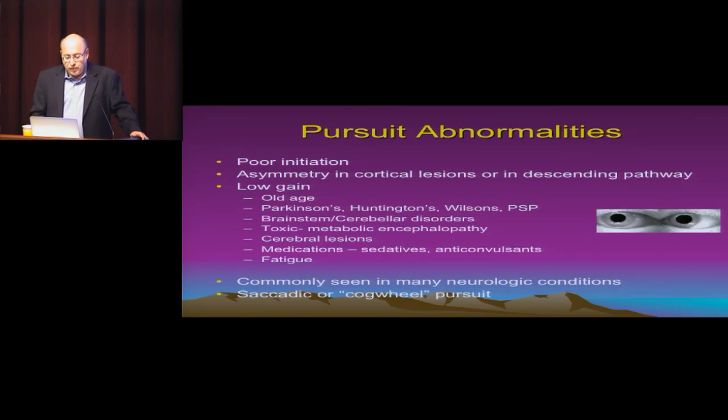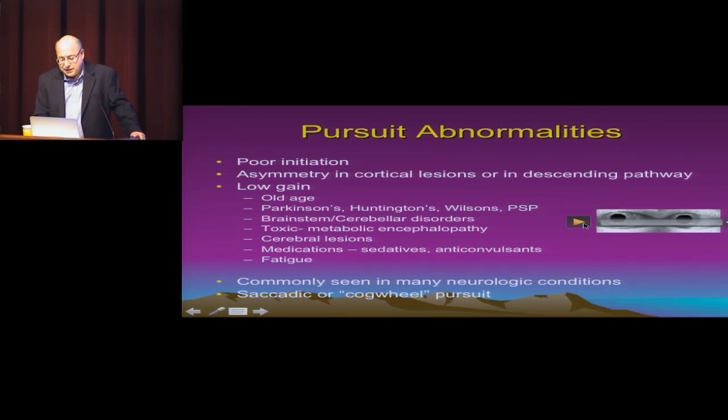Pursuit abnormalities are numerous. There's poor initiation of pursuit. There's an asymmetry if there's a cortical lesion. There's low gain, which occurs in many diseases that are neurologic. It's very nonspecific. The most important thing we usually see with pursuit abnormalities is that when people try to pursue, they make these saccades instead because the pursuit breaks down.